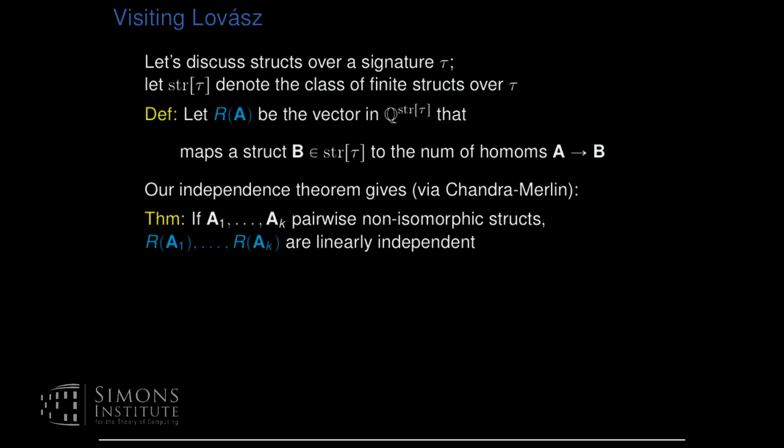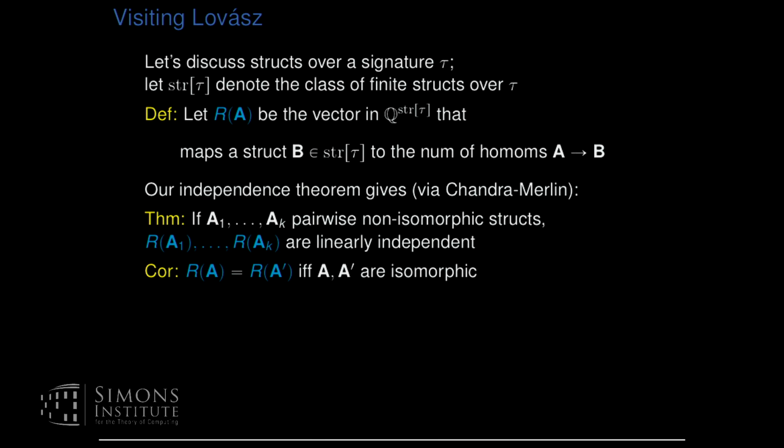So they really behave orthogonally from each other. And as an immediate corollary, we obtain that two of these vectors are going to be equal if and only if the original structures are equal. So these vectors really characterize the original structures.